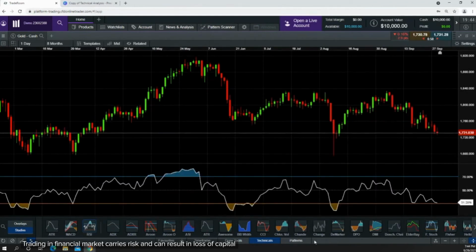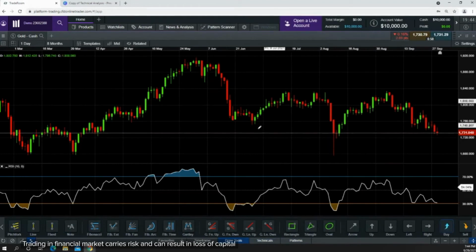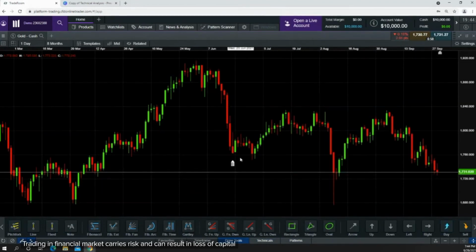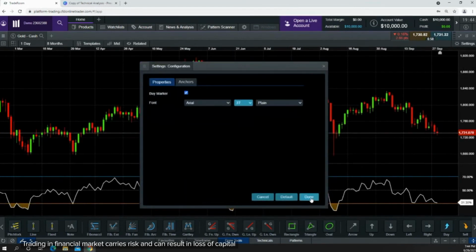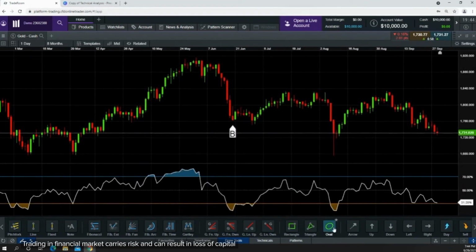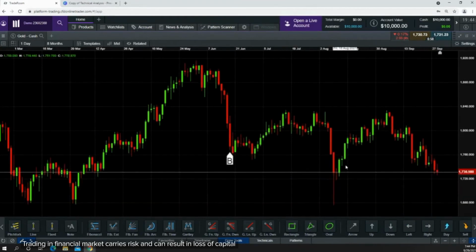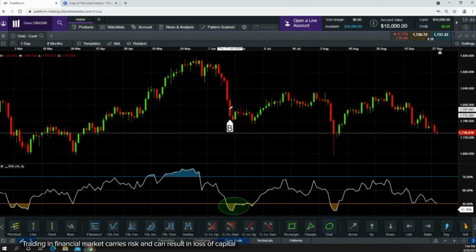RSI is back and my draw tools. So I took a buy here because of the oversold region signal that it showed me. But what technically happened is the buy signal came in this region, at this price. Somewhere here is where it actually became oversold.